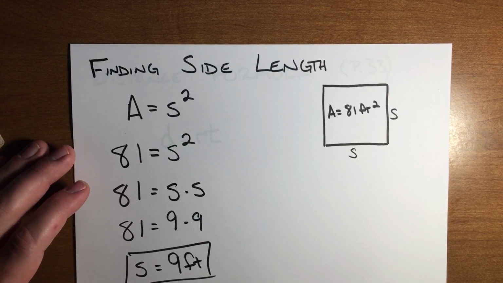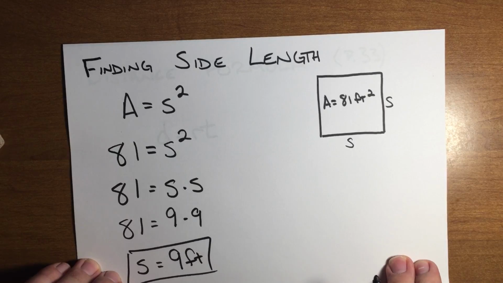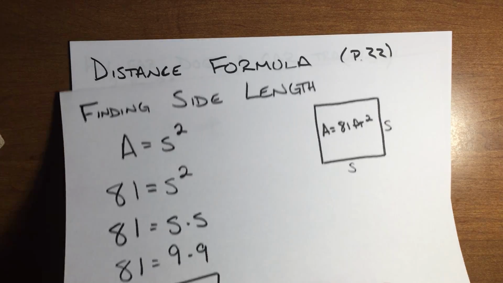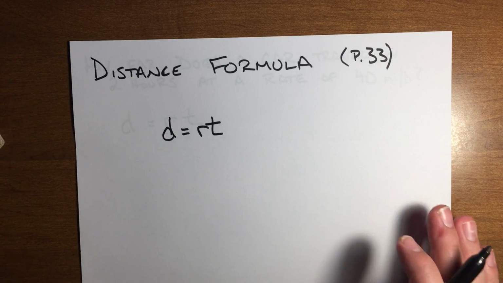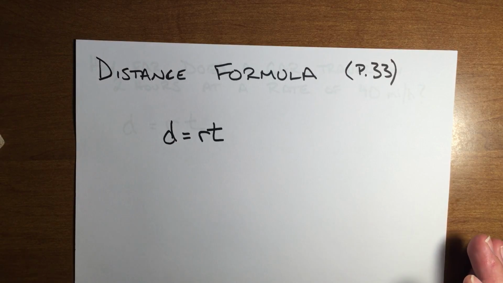Okay, now let's move on to one more formula. This is one of my favorite formulas, actually. I don't know why, because I'm a geek and I need to have a favorite formula apparently. But distance formula, it's just a great formula to teach about formulas. So on page 33, you see in the blue box your distance formula.